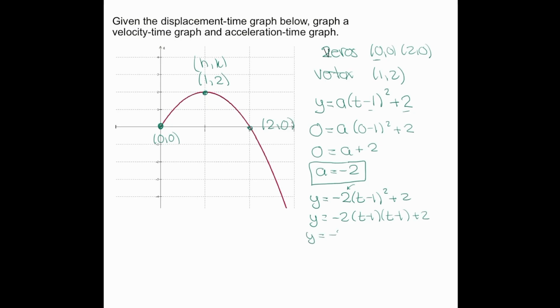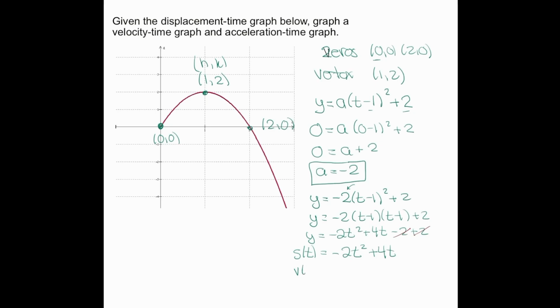That's going to equal negative 2t squared plus 4t minus 2 plus 2. My minus 2 and plus 2 cancel out. So I'm left with an equation for my position time graph, or s of t, equal to negative 2t squared plus 4t.